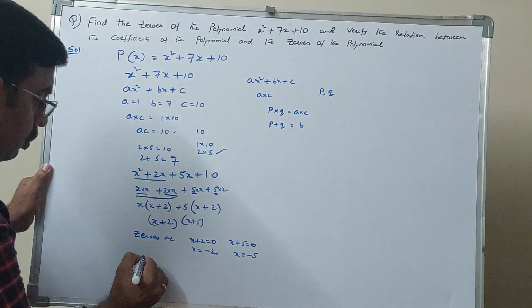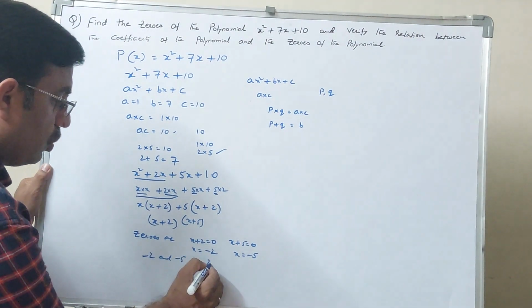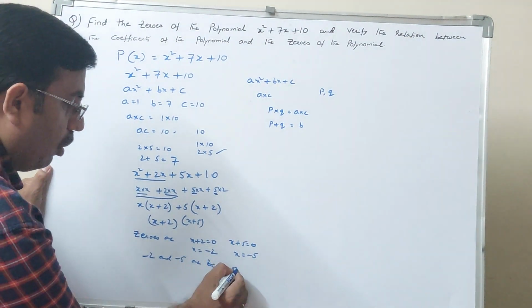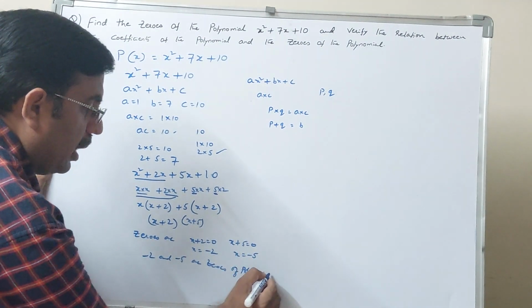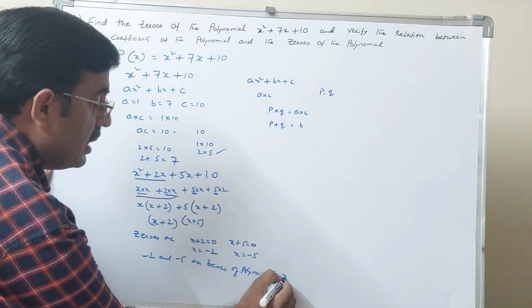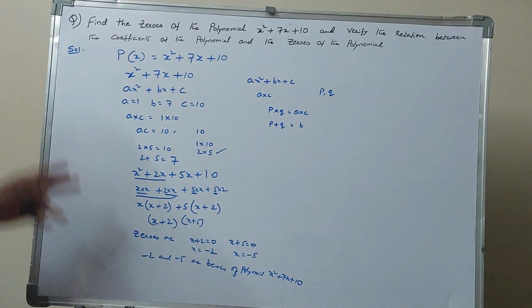So minus 2 and minus 5 are zeros of polynomial x square plus 7x plus 10. This is the way of getting the zeros.